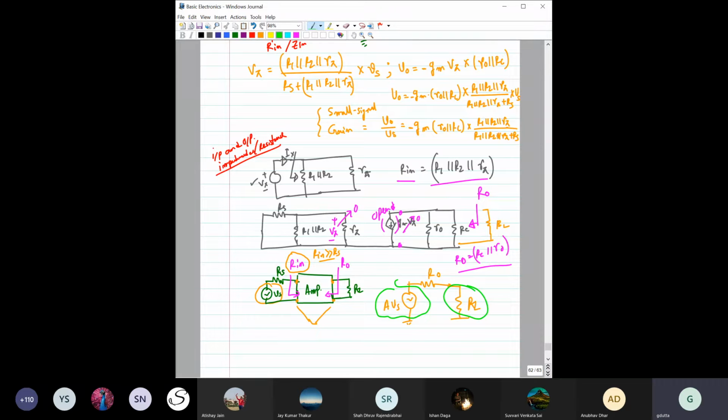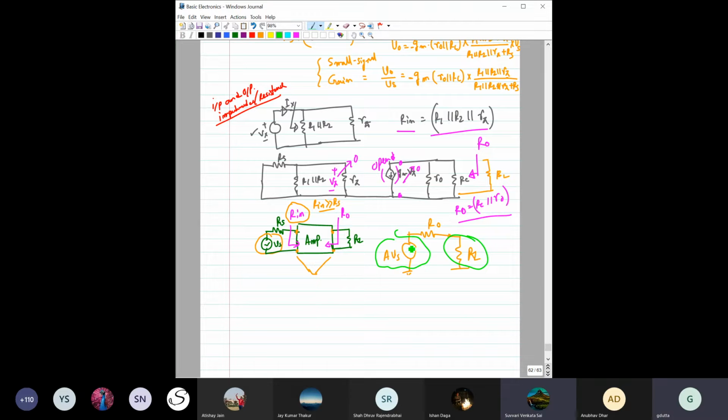One is called the transconductance amplifier, one is called the transresistance amplifier. Depending on that it may differ, but from the equivalent circuit we are considering, we can see that R naught is parallel to RL.